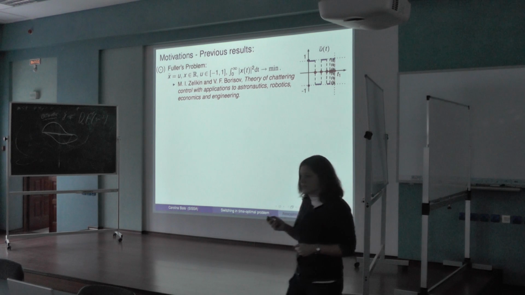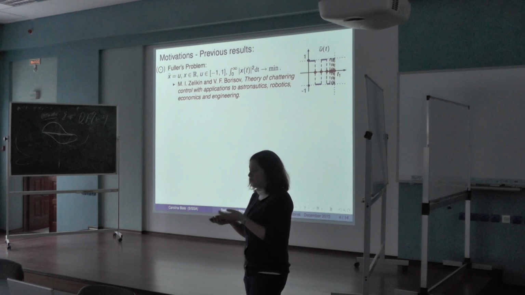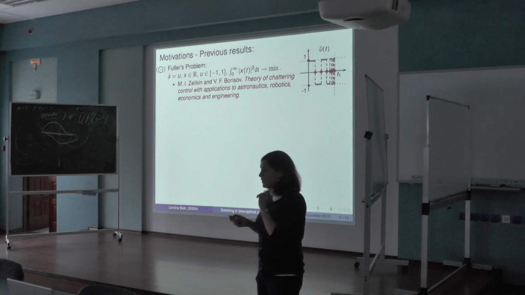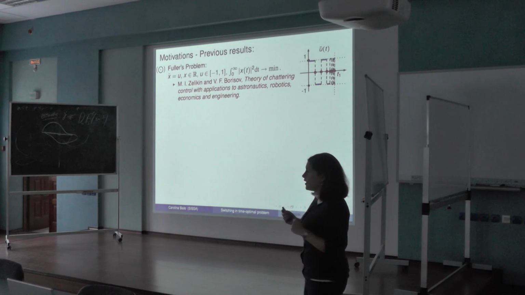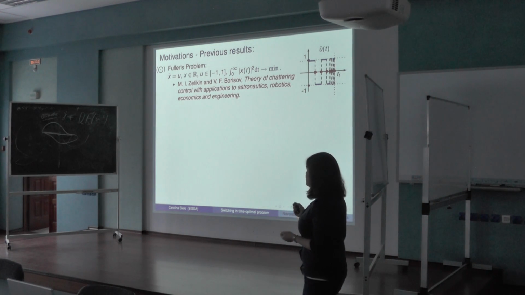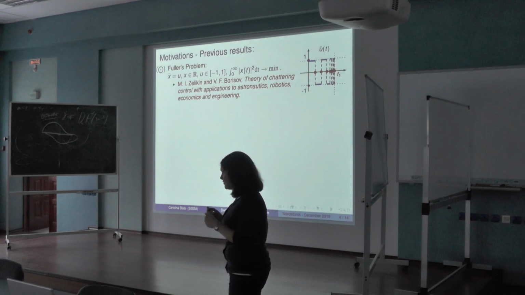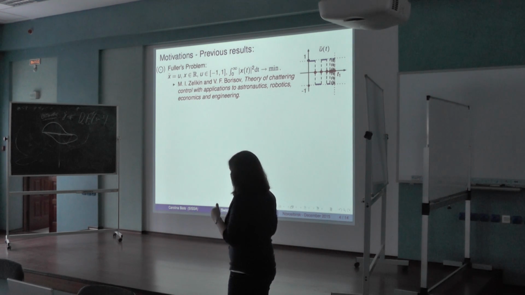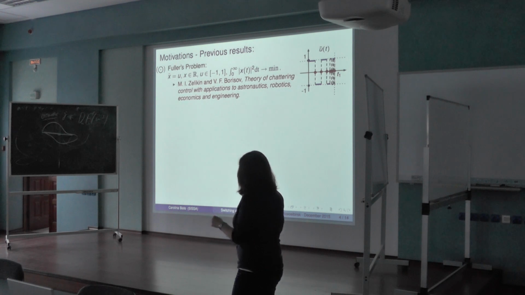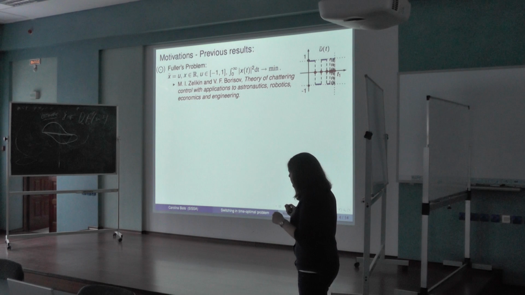This phenomenon is called chattering. And there's a common opinion that for a not very high dimension, this kind of phenomenon can be avoided with a perturbation of the system. Perturbation of the system means that we can consider generic conditions on the vector fields that define the system.